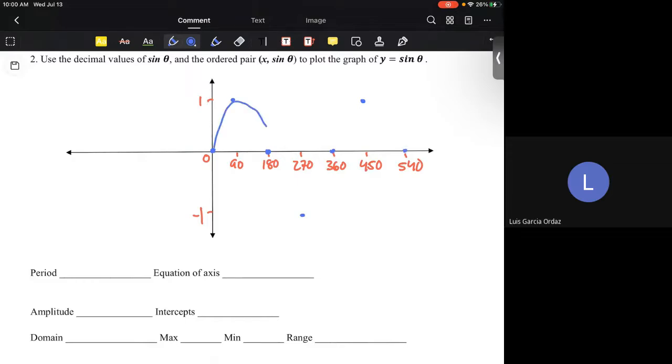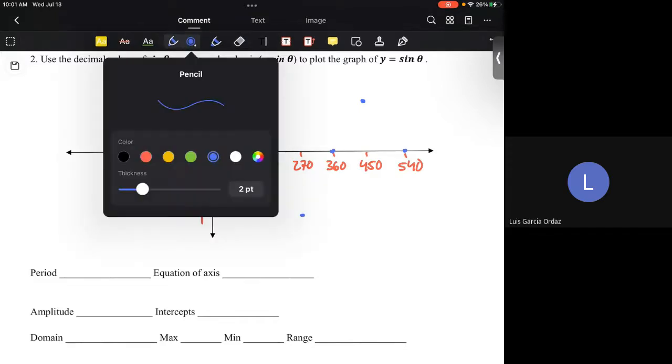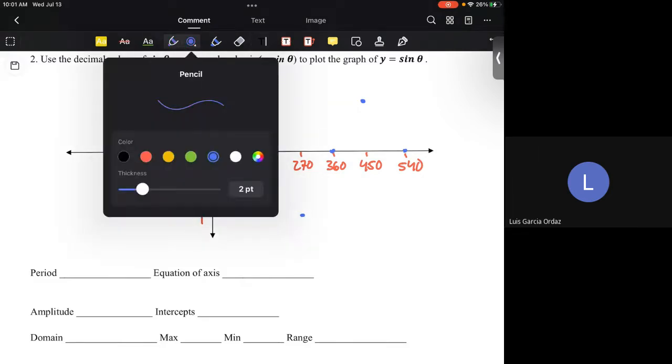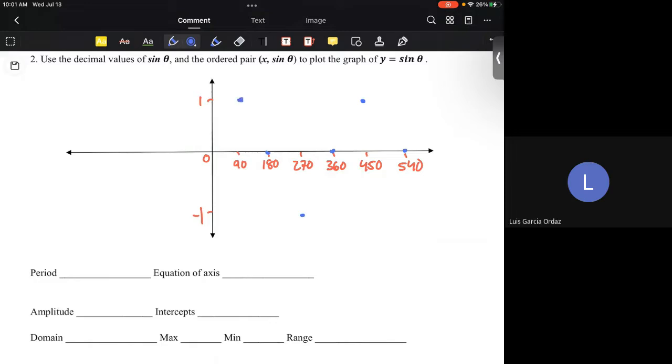So if we were to draw this curve, which I should be drawing a bit better, this is what our sine function will look like. The sine function is continuous, so it will continuously go and go.